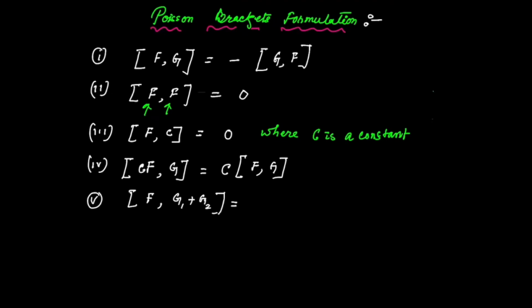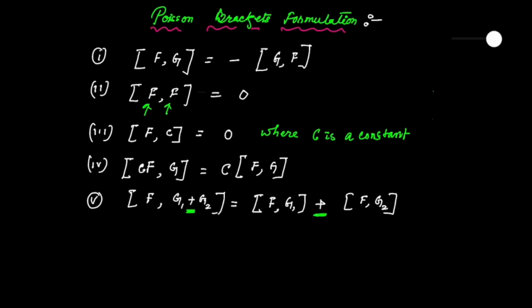It is going to be equal to the Poisson bracket of f and z1 plus that of f and z2.